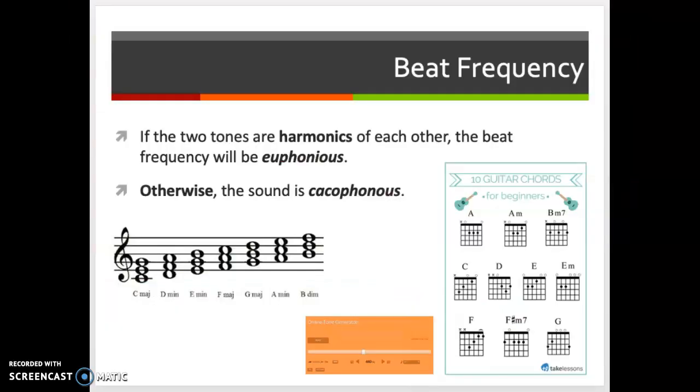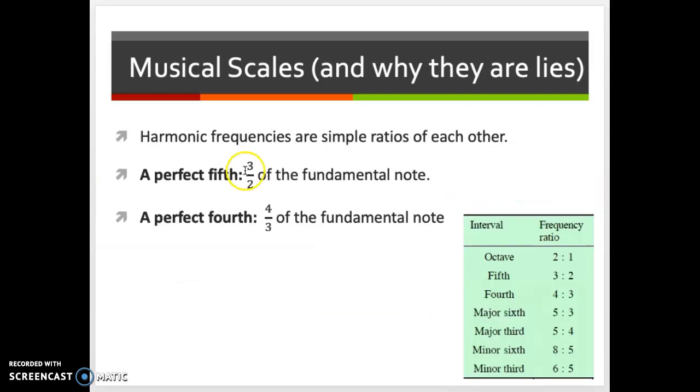All right, so basically, if two tones are harmonics of each other, the beat frequency will sound good. Otherwise, it won't sound good. In other words, if the beat frequency sounds good, two notes sound good together. That's another way to say it.